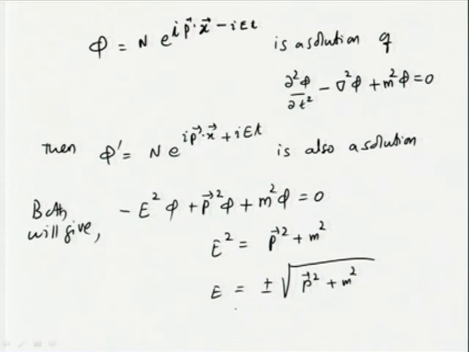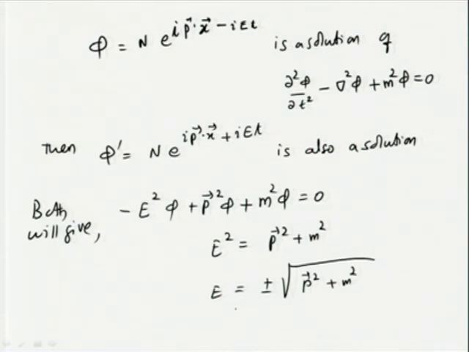When we interpret E as the energy of the particle corresponding to the wave function phi, this puts us in a difficult situation. It tells you that you have a solution with energy E for this particle, and you cannot avoid another solution with minus E. So a negative energy solution comes along with the positive energy solution. This is a problem because we are still talking about free particles.